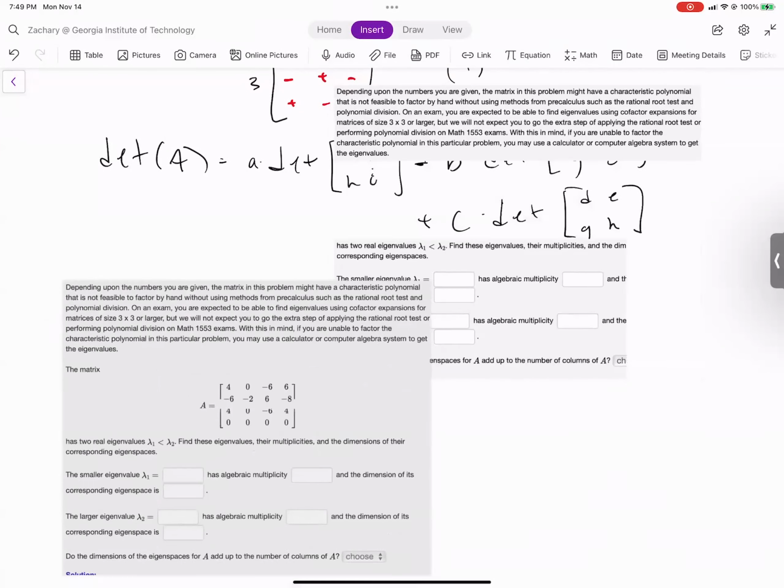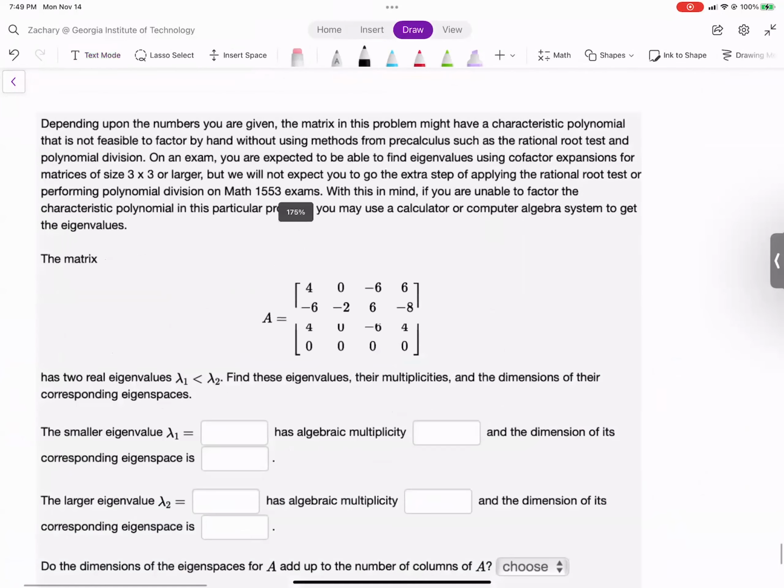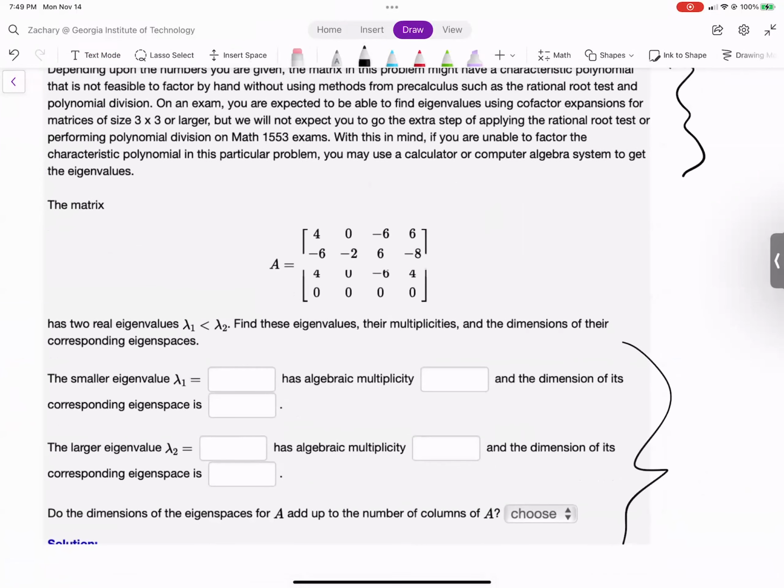Oh, of course it doesn't copy either. Yeah, I know. You get this huge paragraph of text, and then you get all of these fun things down here. All right.